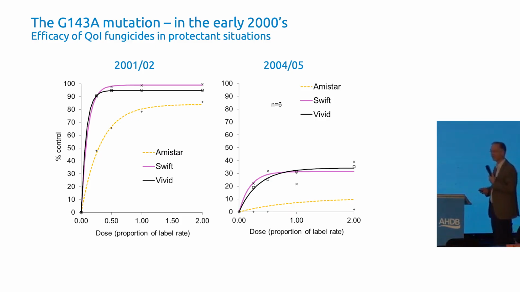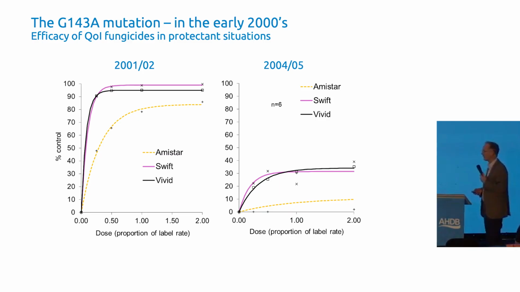People were using them on their own, without any partners in some cases, which wasn't great. A mutation occurred. There was no fitness penalty for that mutation in the pathogen. And over the course of 2 or 3 years, we went from having a completely sensitive population to strobilurins to a completely insensitive, or pretty much insensitive population to them, and efficacy fell away very quickly.